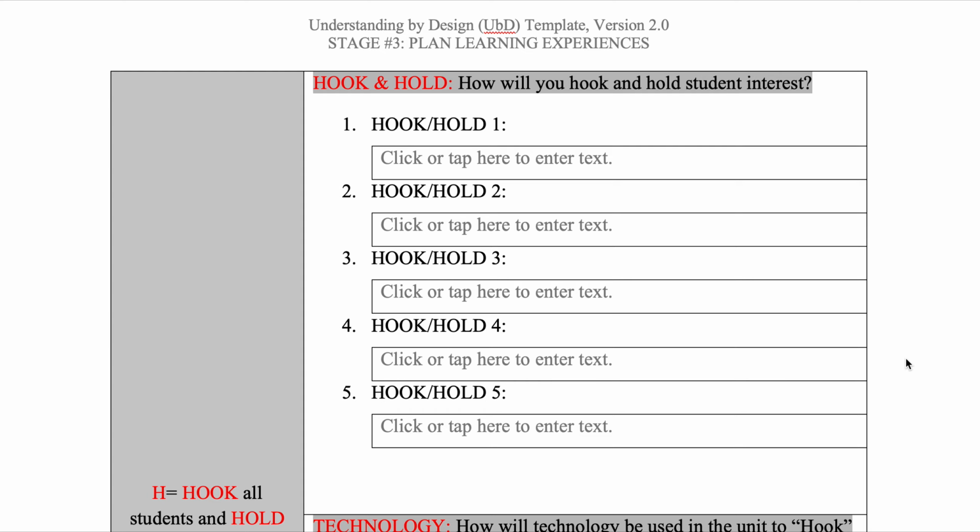Maybe at the beginning of your class session you might start off with a story, something that builds interest right from the beginning, so that you have their full attention right from the get-go. In this part, you will indicate how you plan on doing that. And again, no idea is a bad idea. It's how you execute that idea that's going to make it effective.